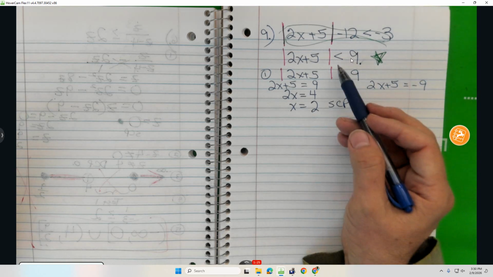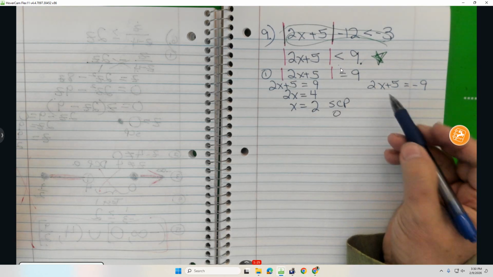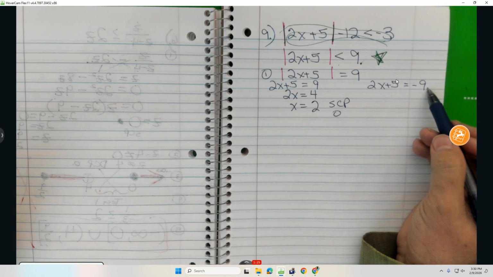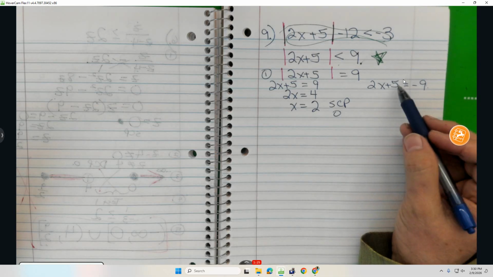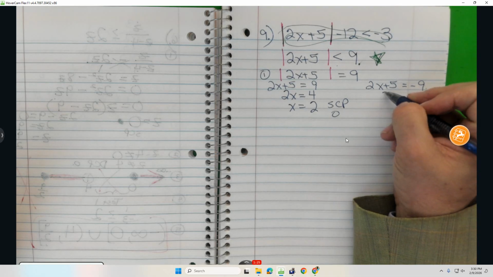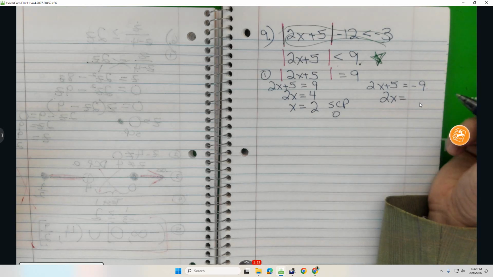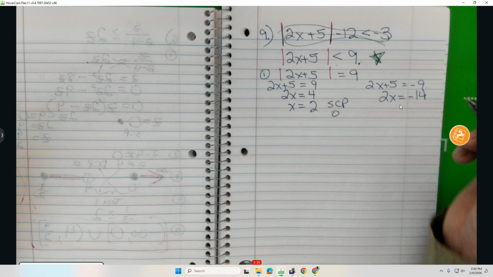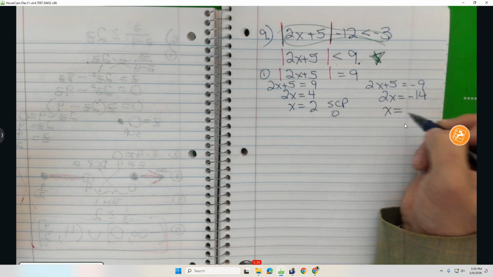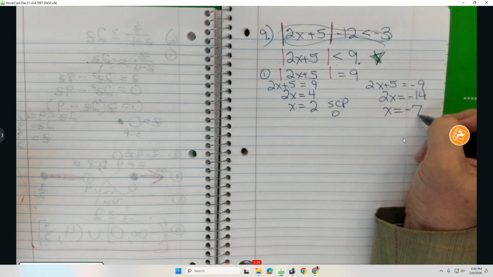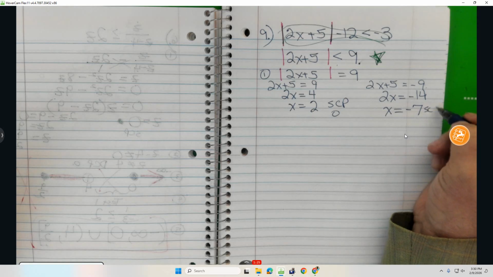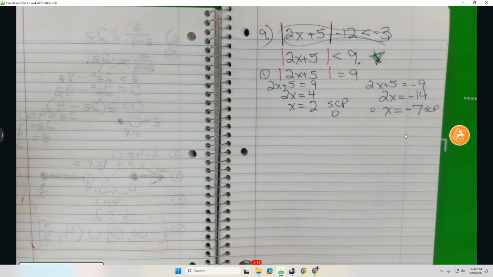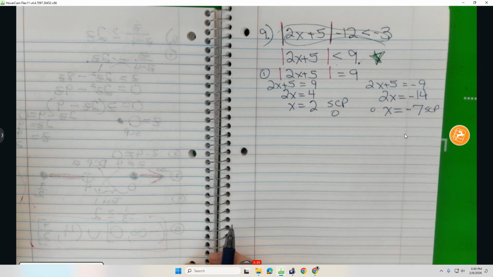Open, because there's no equality. Then this one, subtract 5. Negative 9 minus 5 gives me 2x equals negative 14. Divide both sides by 2 to give me x equals negative 7 for my second solution cut point. We've already said both of those will be labeled with open circles.